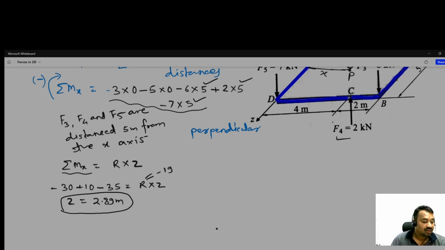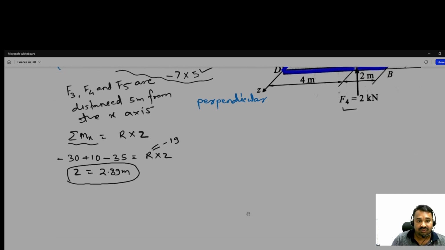Okay, so z we got. Now we have to get the x coordinate. So how to get it? We have to take the summation of moment about z, then R is multiplied by x here.